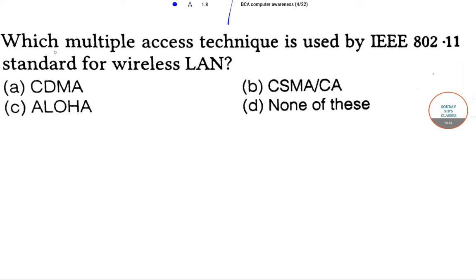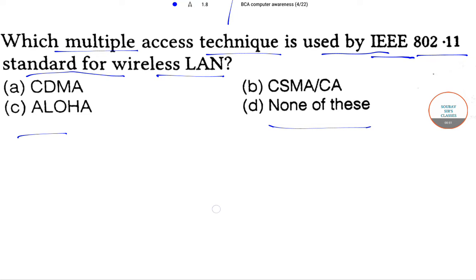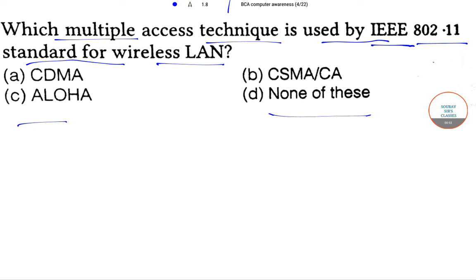So here the question is about which multiple access technique is used by IEEE 802.11 standard for wireless LAN. So here we have some multiple access techniques and we have to find out the correct answer which is used by IEEE 802.11 standard for wireless LAN.